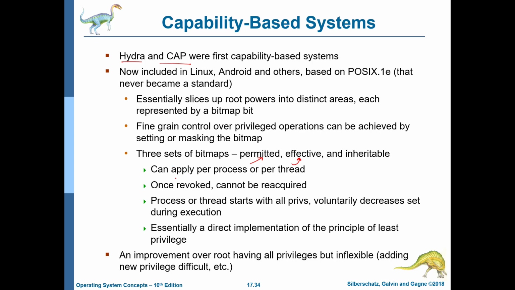We can apply this per process or per thread, and they can be revoked and reacquired. Whenever a process or thread starts, it starts with all privileges, but during its execution, if it doesn't need something, it reduces it. So essentially this is the implementation of the principle of least privilege. It dynamically reduces itself such that just in case it is taken over by an attacker, it will not be able to do much.